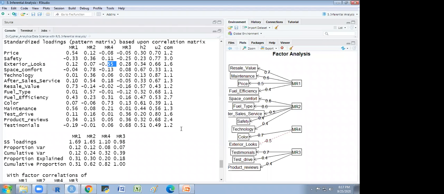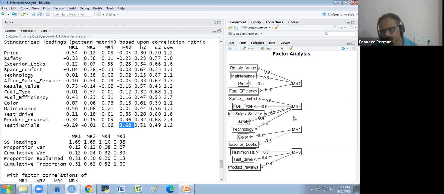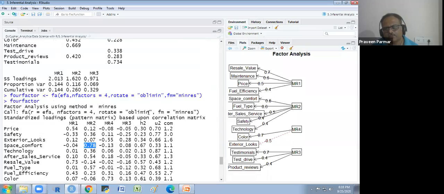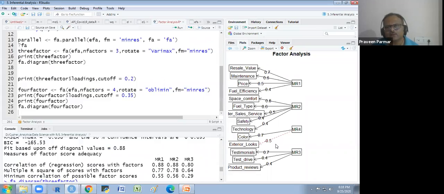That's why the red line. Maybe that is the reason. We are always getting the highest value on the positive side, here on the negative side. So it's okay, no problem. We don't consider the sign basically in the loadings, but they have given the red line here for that purpose.